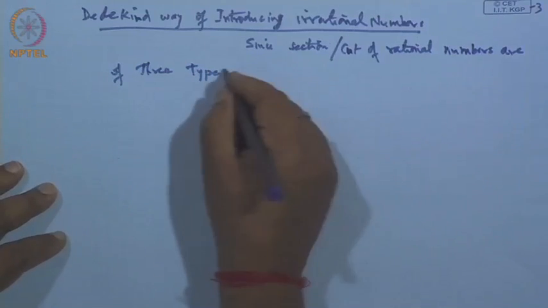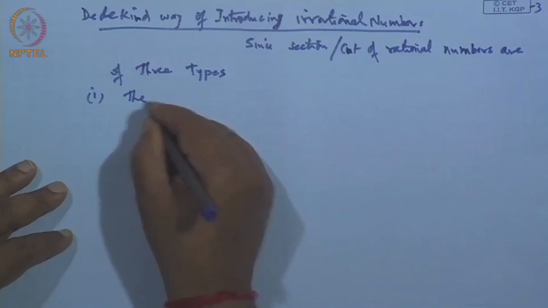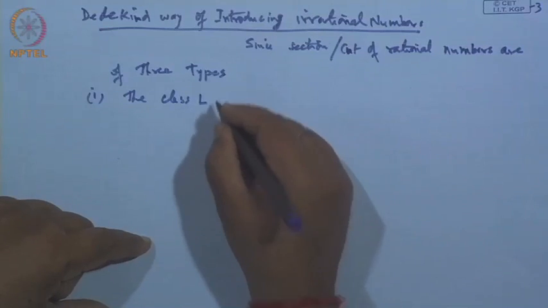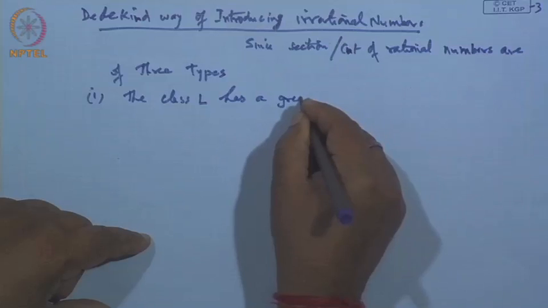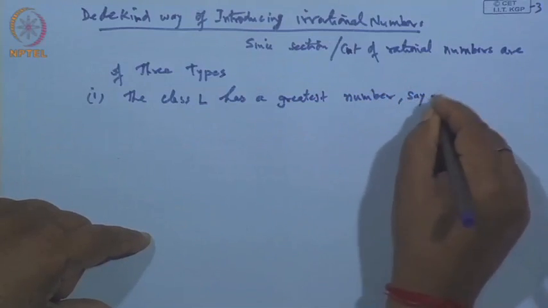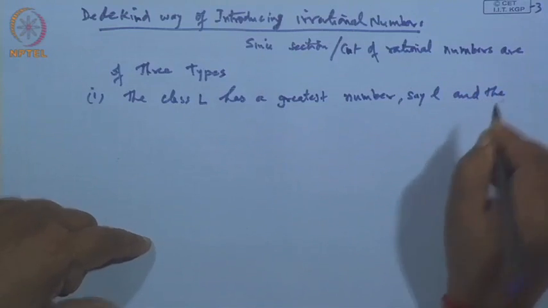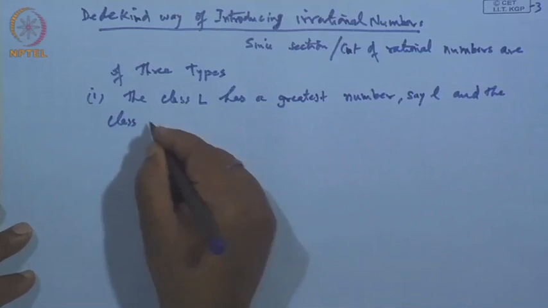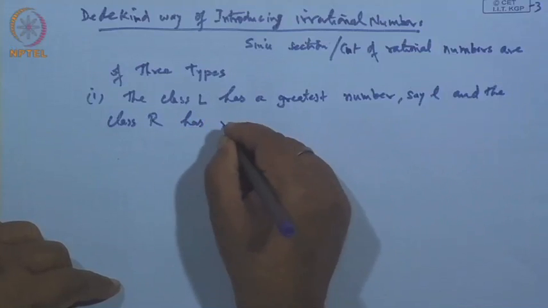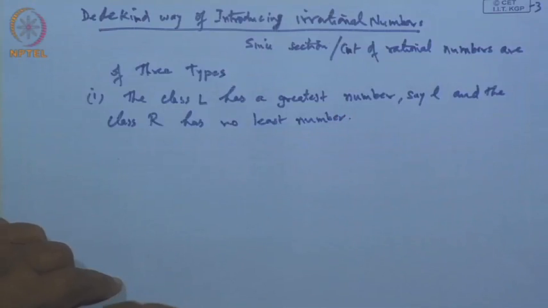The first type is where the class L has a greatest number, say l, and the class R has no least number. This is the one type.